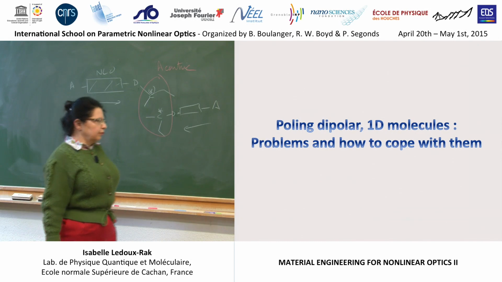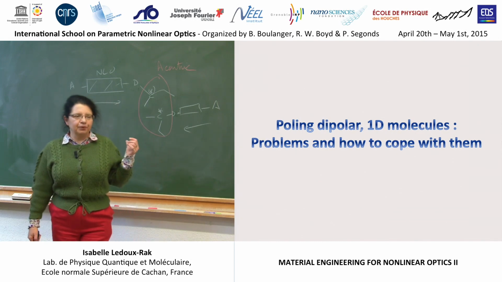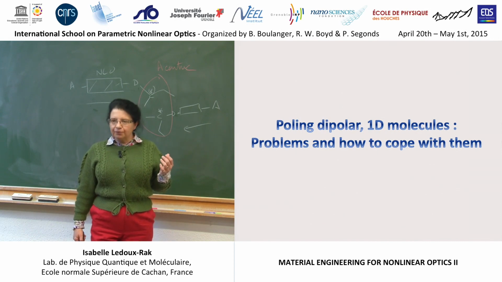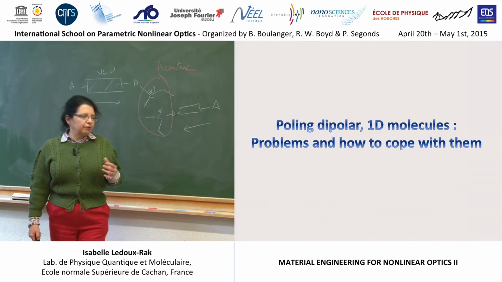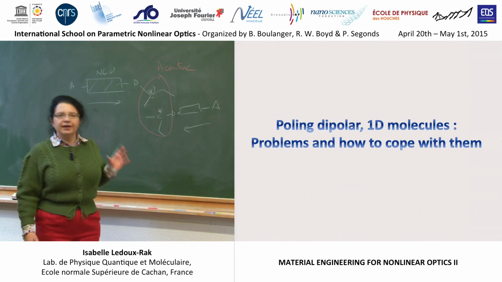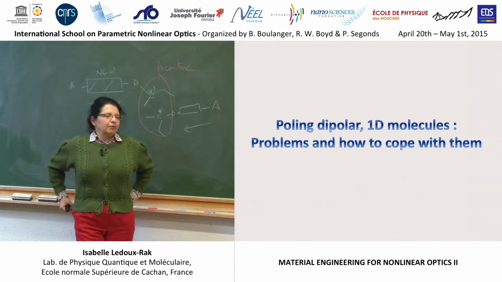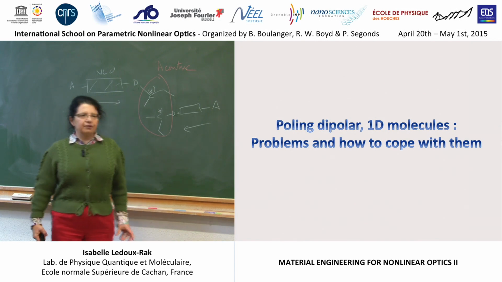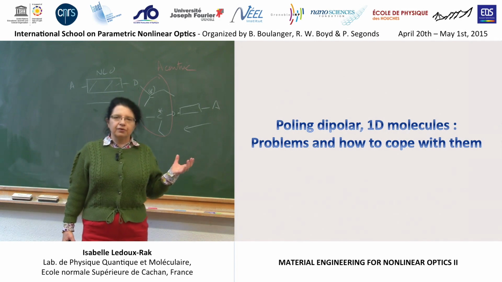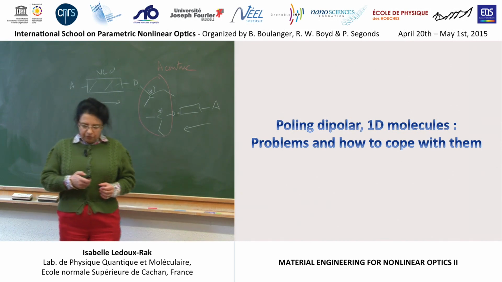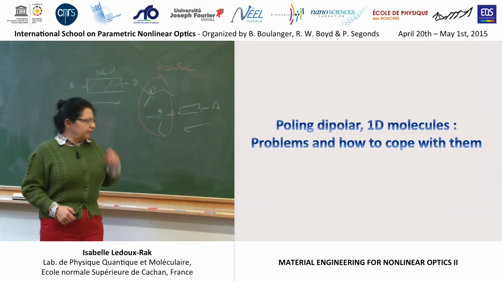So, of course, we have found in the first part this morning that we can have very efficient nonlinear molecules, which can compensate the fact that we have to work in a dilute medium because molecules are put in the polymer matrix at a relatively low concentration, and it also compensates the fact that the orientation rate is relatively low.